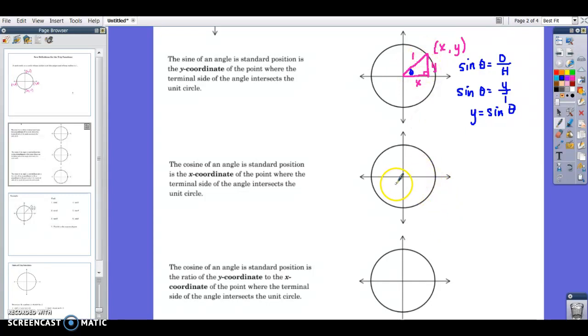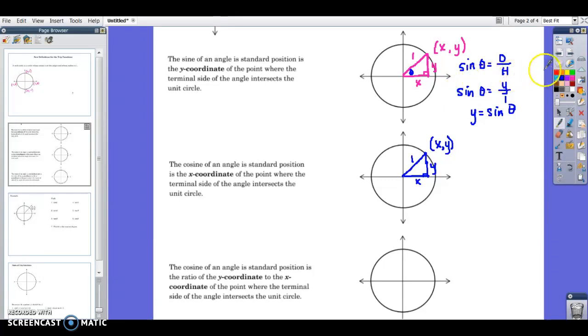Same is true when I'm talking about the cosine. If this point right here is my point x, y, again, this line segment here is 1. This distance right here is y. This distance right here is x.